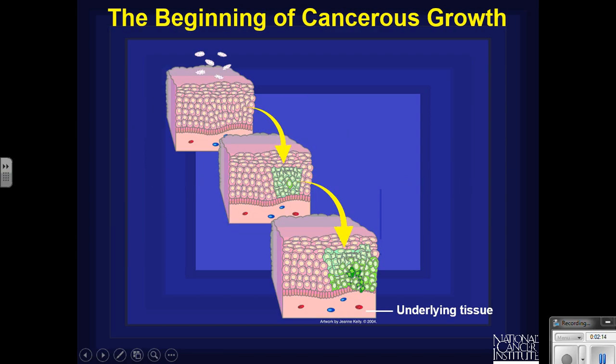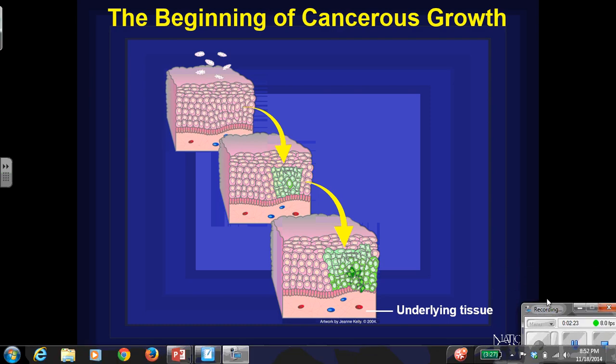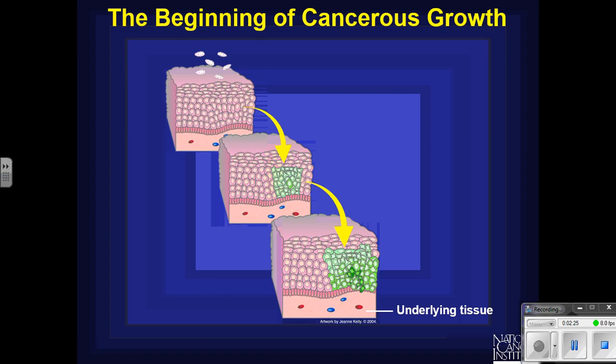So what happens here is, say this cell here becomes abnormal and does not go through apoptosis like it should, and it continues to divide.